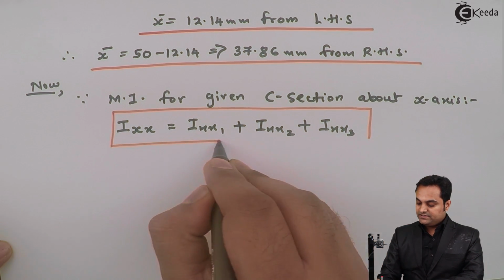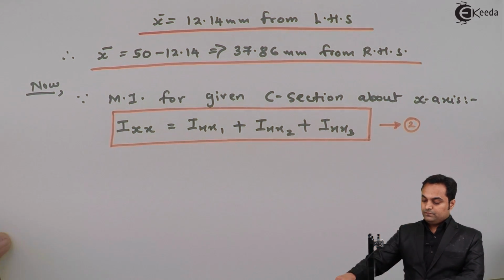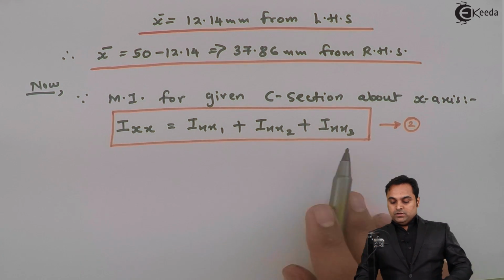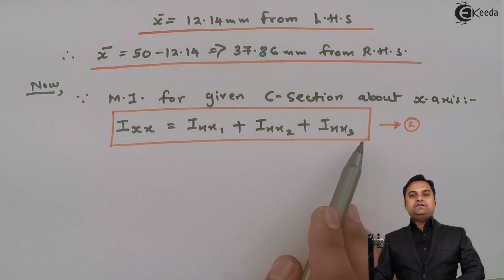I will keep this as the second equation, and now I'll go on for the individual calculations of Ix1, Ix2 and Ix3.